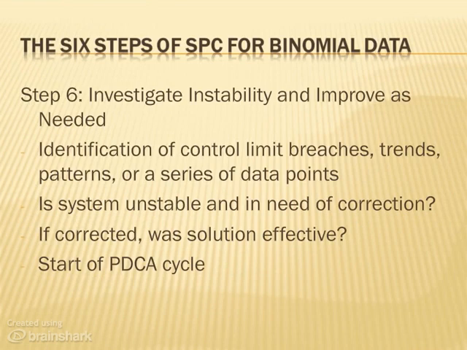So is the system unstable and in need of correction, or is it stable and still in need of correction? Again, back to maybe it's stable, but are we hitting the benchmark that we really want to hit? And then when we correct that, was the solution effective? So going back and looking at what happens after we have a course correction, and employing the PDCA cycle that we all know and love from quality improvement.